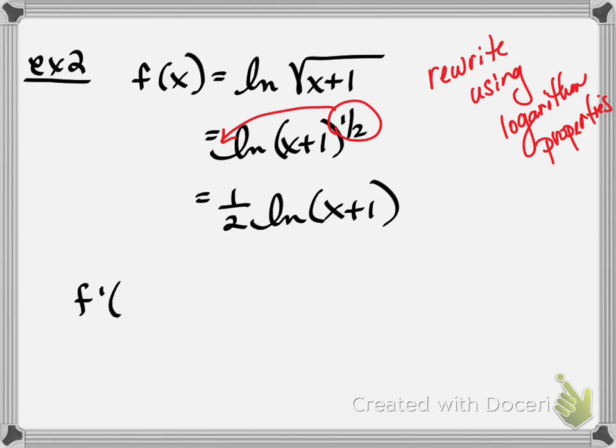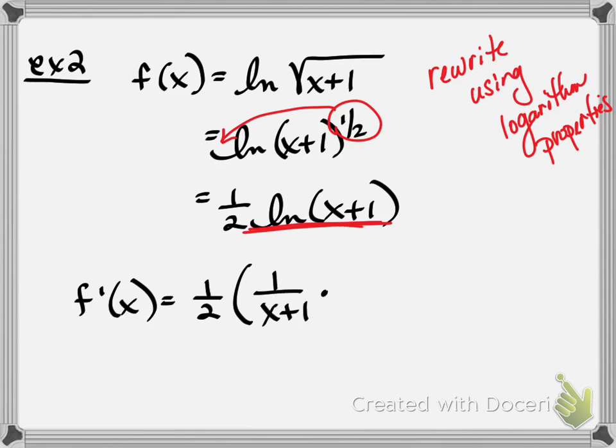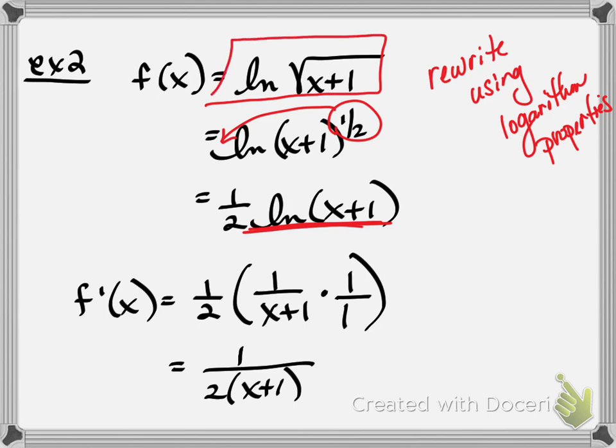The derivative would be the constant times the derivative of this, which is 1 over u times u prime. Now make them all fractions. The numerator is just a 1, and the denominator is 2 times x plus 1. Okay? Log properties are very handy. You're going to want to probably rewrite the logarithm using the properties, expand it as much as you can, and then do the derivative.